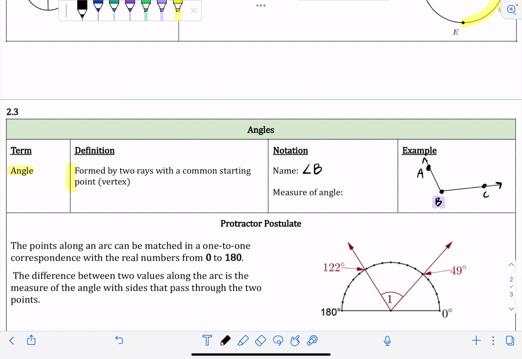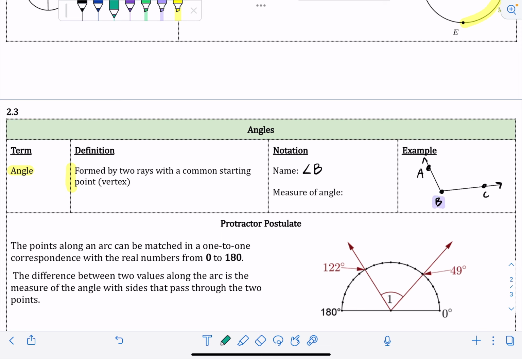But sometimes you're going to get diagrams that have a bunch of angles connected together where they all share a vertex. So say I had an angle that went out like this and I was looking at this angle, then that angle could technically be called angle B as well, because it shares that same vertex. So we want to know how to name angles more specifically when that's the case.